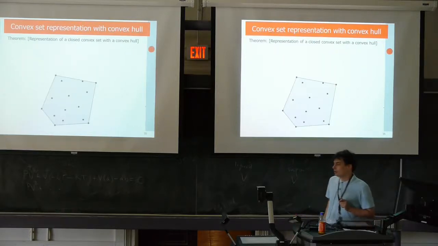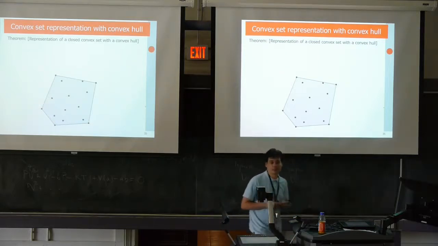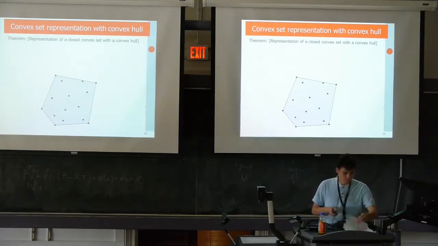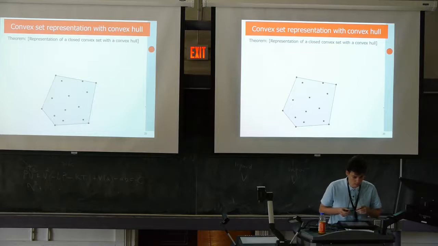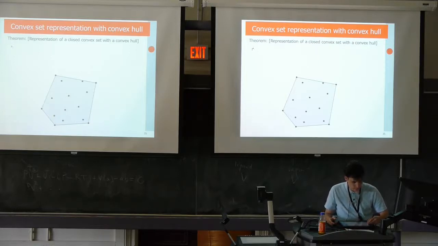We will need to discuss how to represent convex sets, and we will discuss two representations, the so-called primal and the dual representation. The primal representation is the set itself with the convex hull. So we have the following theorem. Let S be a set in the n-dimensional Euclidean space.